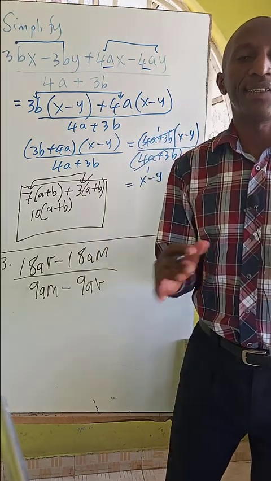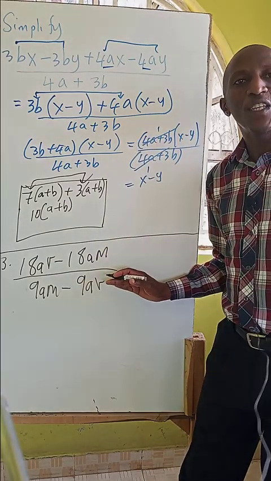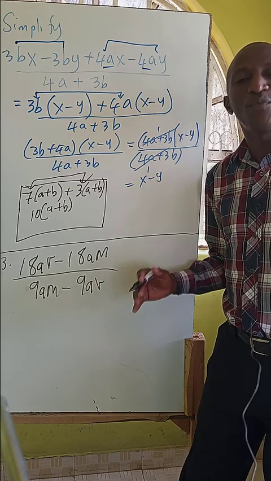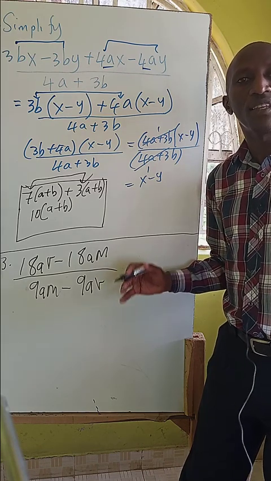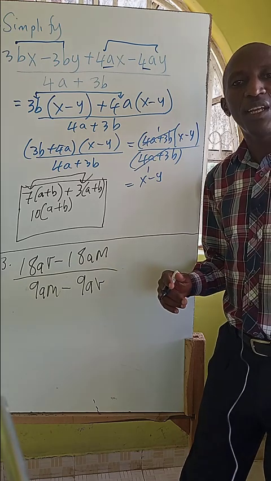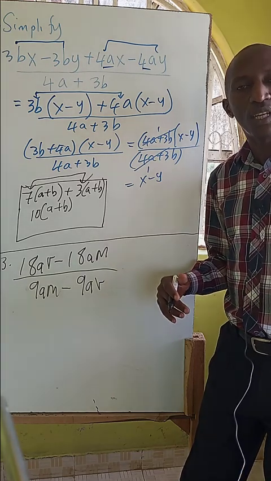So viewers, take time, simplify this question and work on it. When we resume, we look at the working to it. So take 2-3 minutes, work on it, and then we resume.